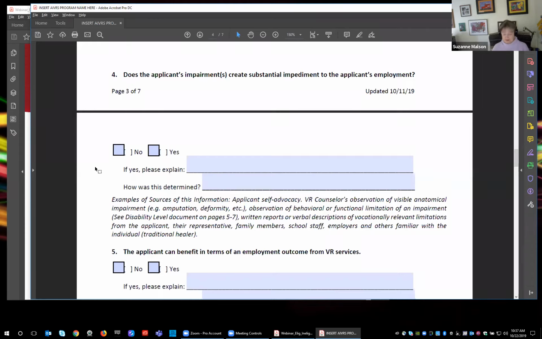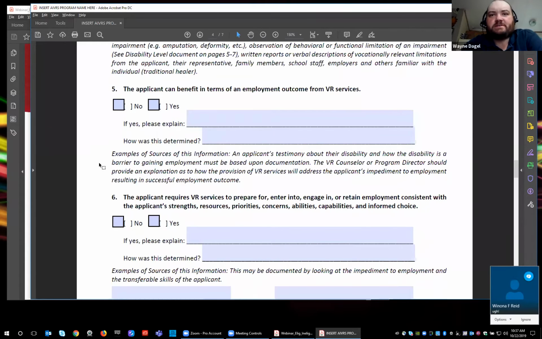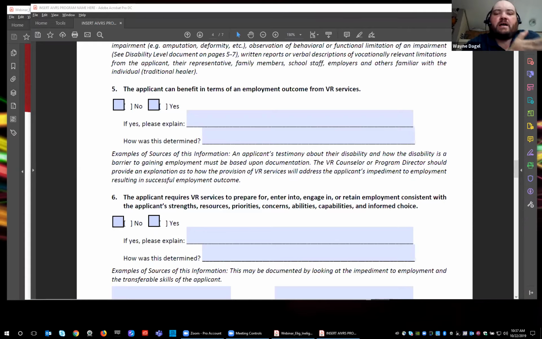Thank you, Wayne. Yep. So number 5, the applicant can benefit in terms of employment outcome from VR services. So when we talk about terms of employment outcome, what this really looks at is, can they find a job, or is the job going to allow them to sustain medical treatment?